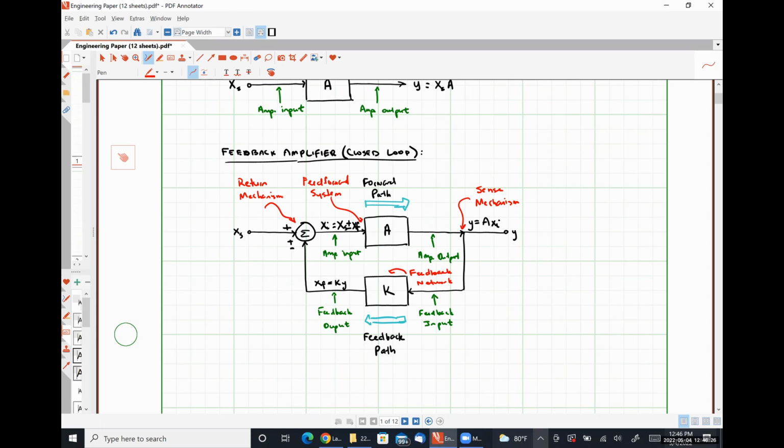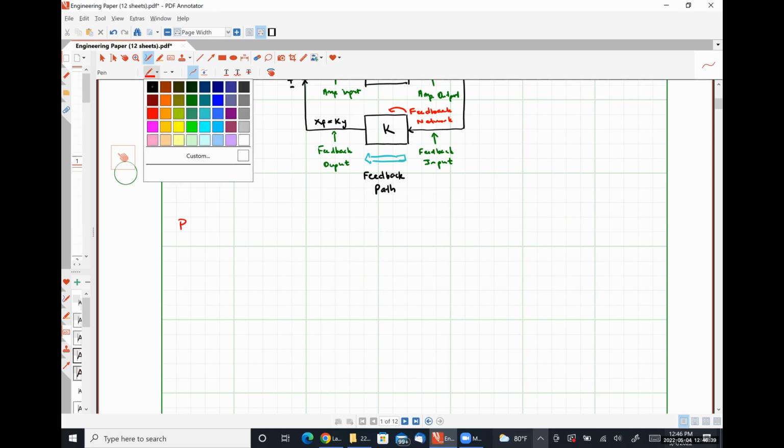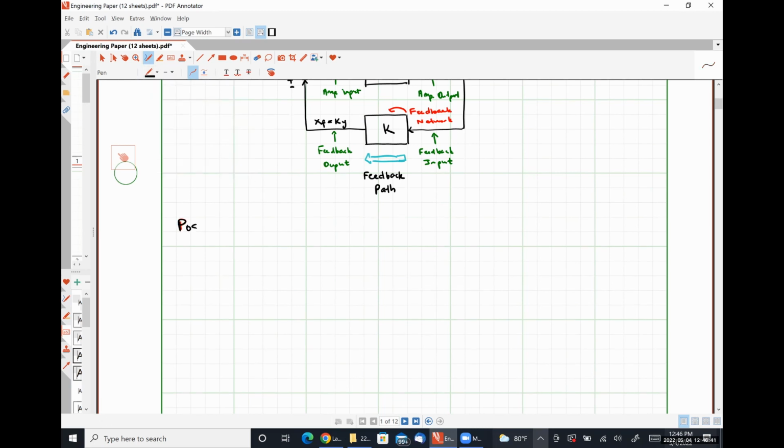So let's talk very briefly about positive feedback first. So in a positive feedback system, a portion of the output signal is added to the source signal.